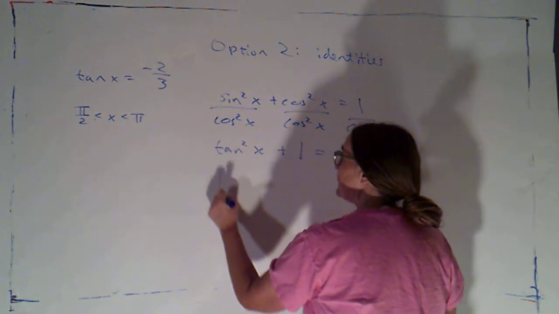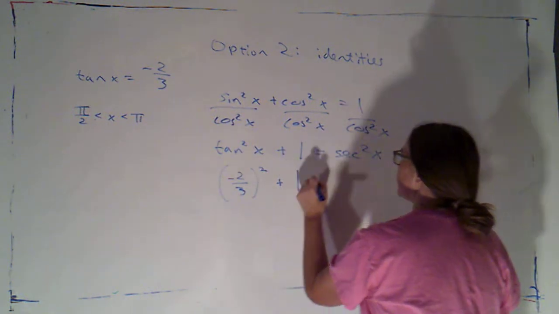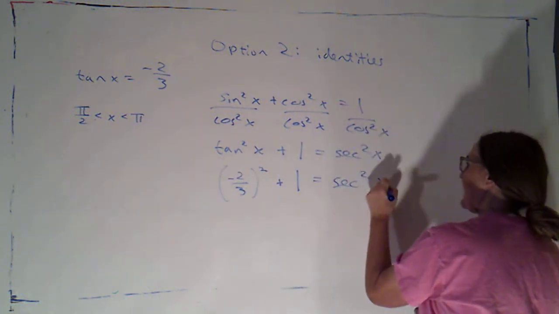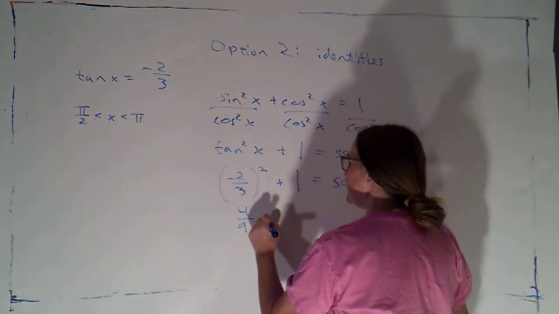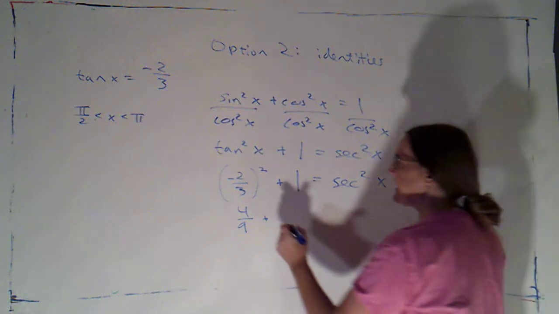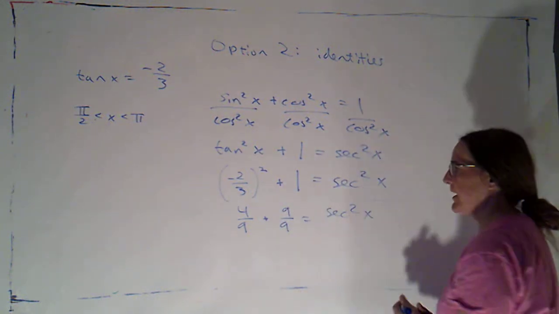So tangent squared would be negative 2/3 squared plus 1 has to equal secant squared. That's going to be 4/9 plus, I'm just going to write that 1 as 9/9, equals secant squared.